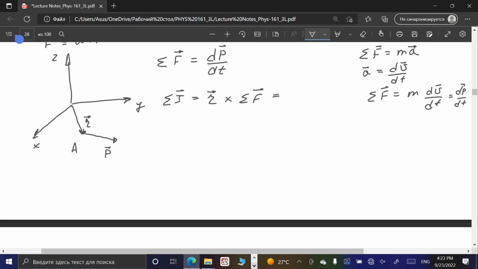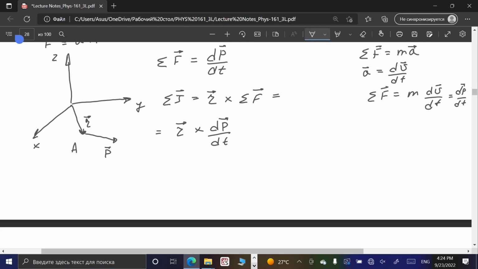And instead of that, we can write the first derivative of the linear momentum vector. Okay, so that is the definition of the net torque exerted on this point A with respect to some axis z.